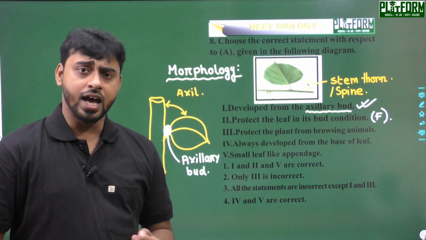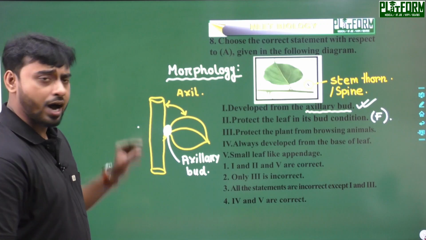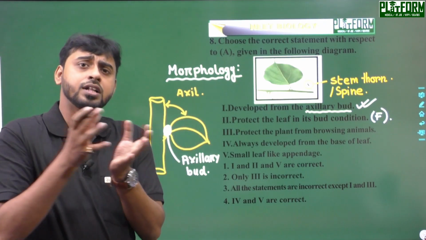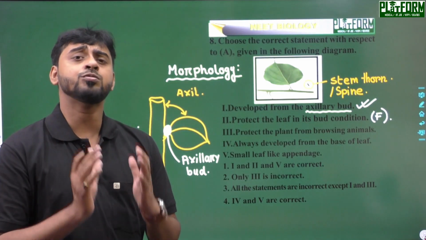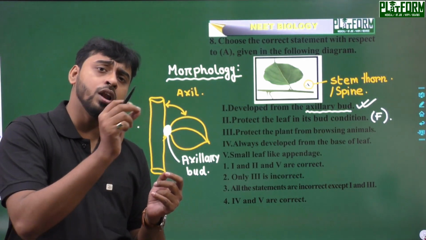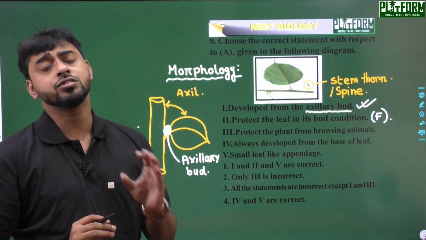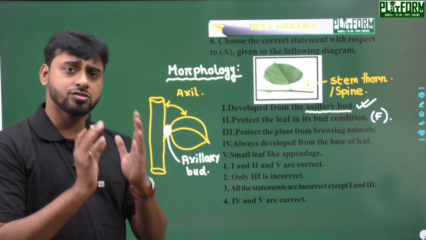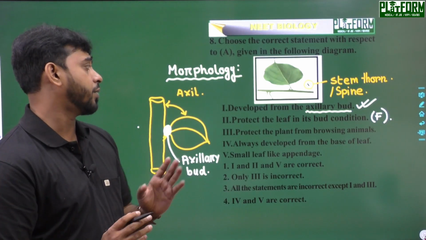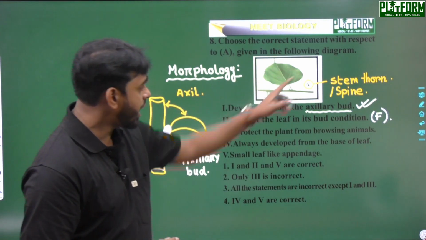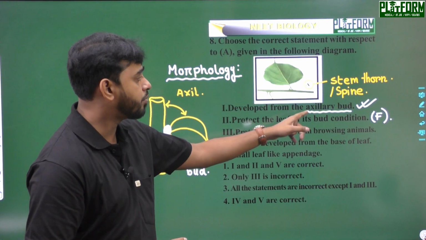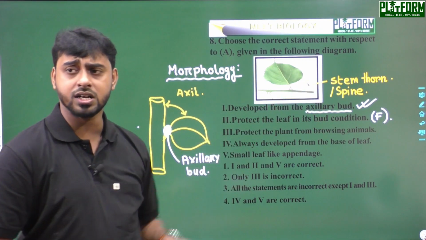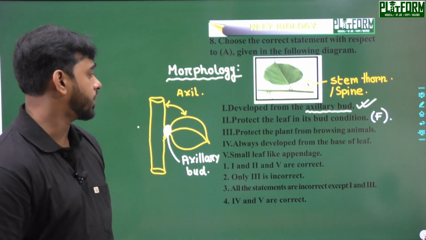Because we know that during the developmental stage, the bud is protected by a small leaf-like structure which is known as a stipule. So the stipule is a structure which protects the bud. Here it is written that it protects the leaf in bud condition. That means spines protect the leaf from the bud condition. This is a false statement.